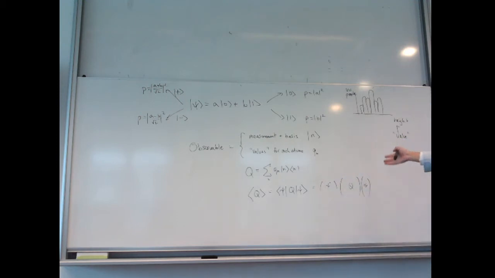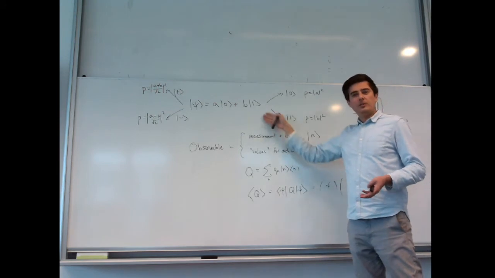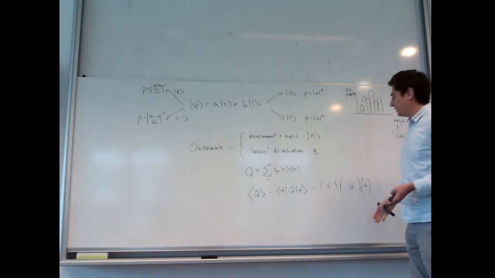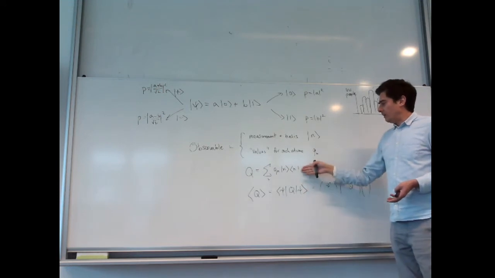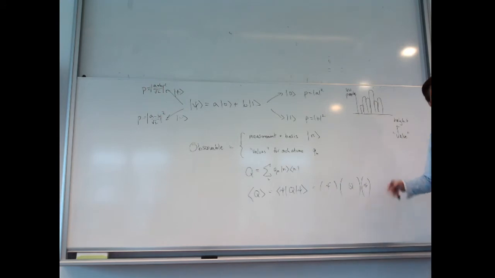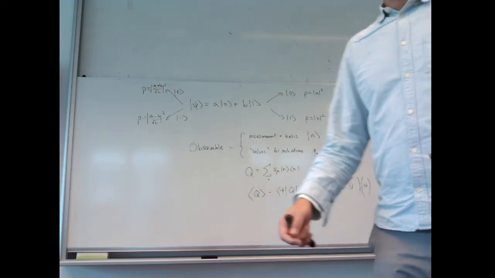So that's what they actually do in the lab, which is much closer to the definition. But for us theorists, creating this operator and then doing this is quite convenient because you can just put it in the formula and calculate things easily.